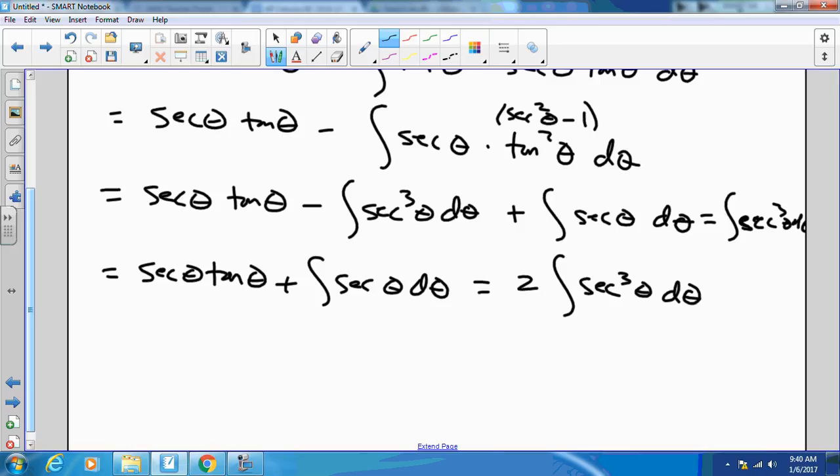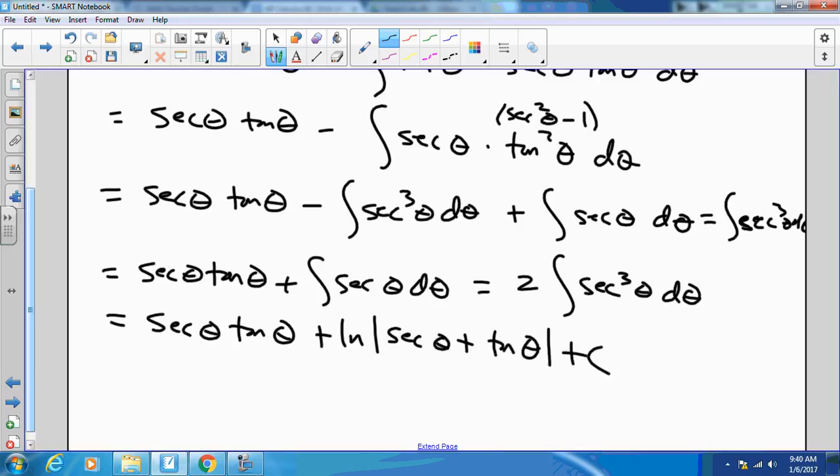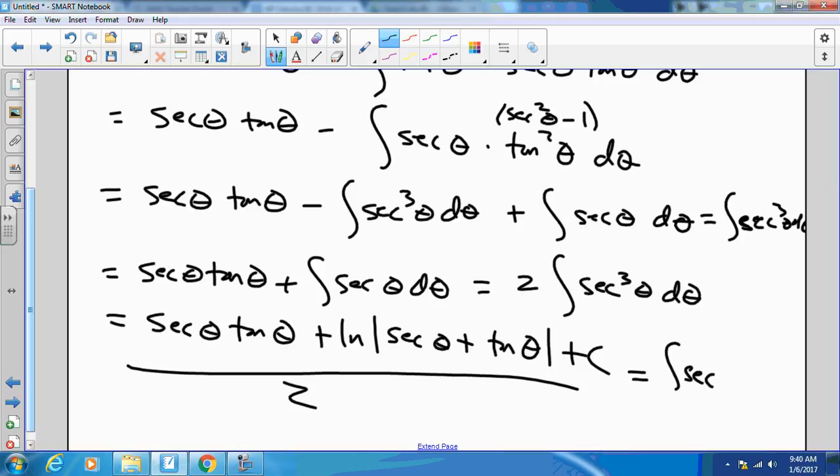We can: natural log of the absolute value of secant theta plus tan theta. Good. All of that over 2 equals the integral of secant cubed, equals the integral that we see.